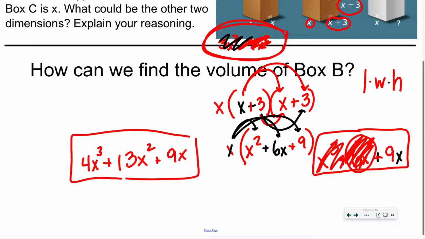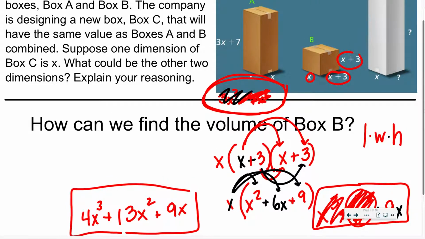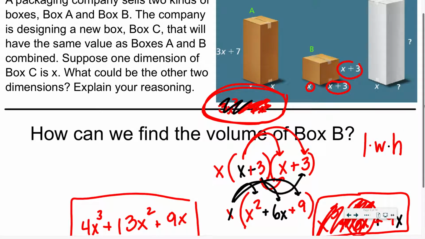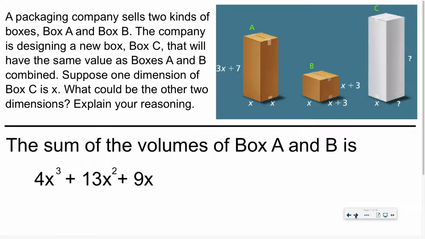But now, what do I need to figure out? If I know that the total volume of these two together is 4x cubed plus 13x squared plus 9x, I also know that that's going to be the volume of this box. You could find out the length. Hold on, I'm going to come back to you in a second, Patrick.